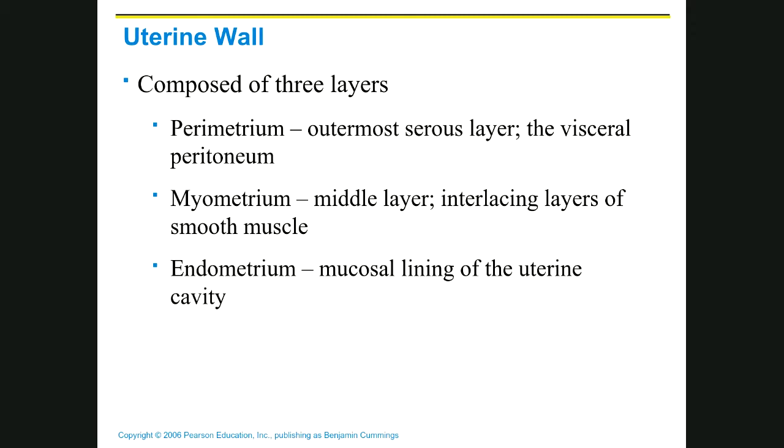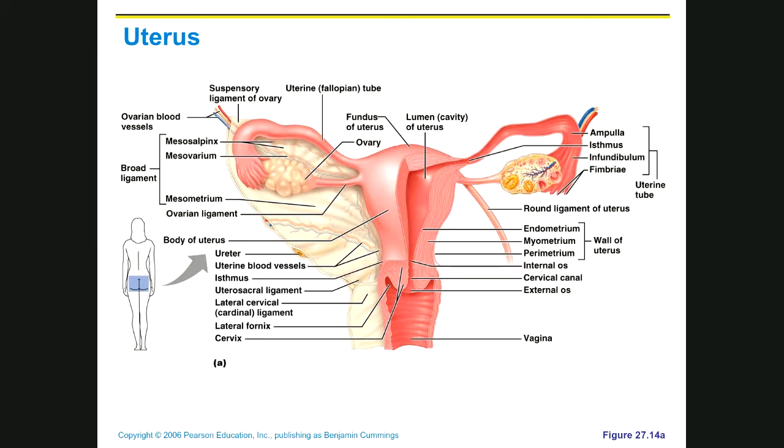If you look at the uterus, it has 3 layers to it, 3 layers in its wall. You can see the 3 layers here. There's one layer that's very, very thin. That's the outer layer. There's one thick layer in the middle and another thin layer on the inside.